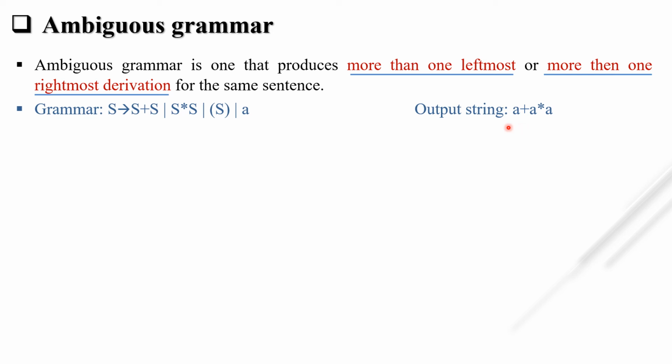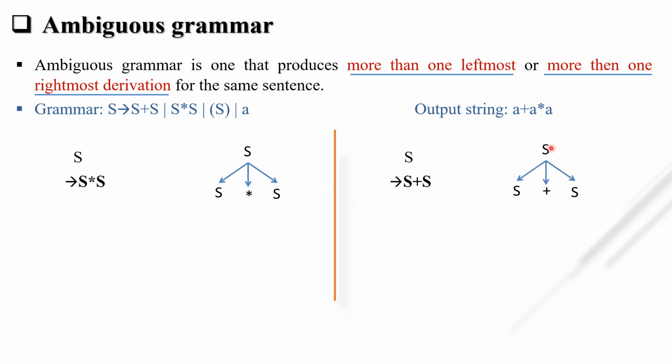So we start with the start symbol S, then we derive from S + S or S * S. In the first we take S * S, in the second we take S + S, and parallelly we draw the parse trees.